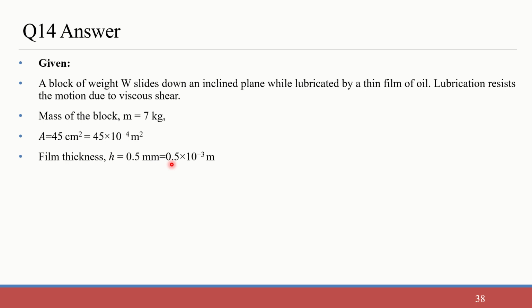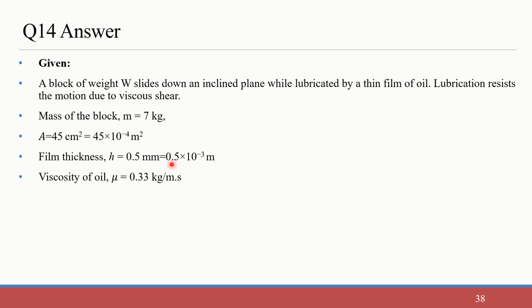The film is a very thin film, so it is 0.5 mm or 0.5 into 10 power minus 3 meter. As we have seen, we are maintaining unit consistency throughout the problem. We are converting everything into SI units where mass is in kgs, length is in meters, and time is in seconds.